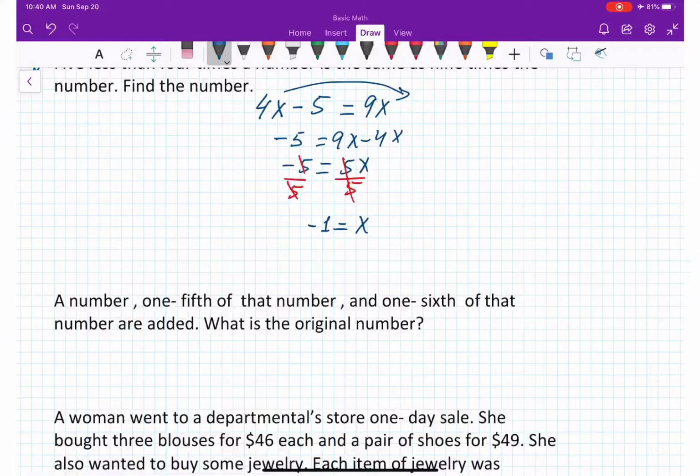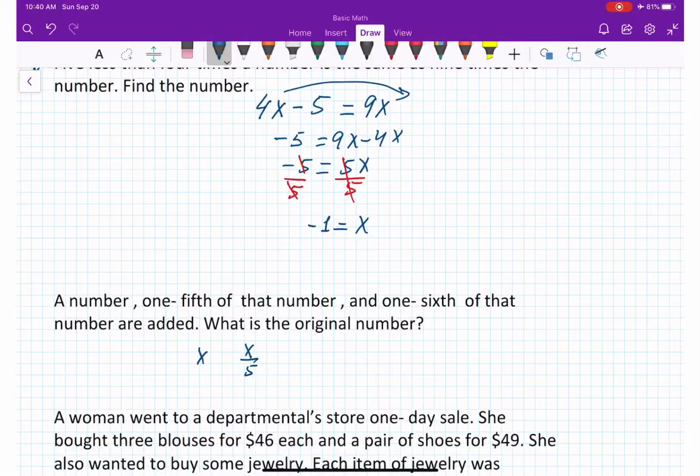A number, 1/5 of that number, so see that's a comma separating, a number x, 1/5 of that number, x over 5, and I don't know what operation, so right now writing down the terms.